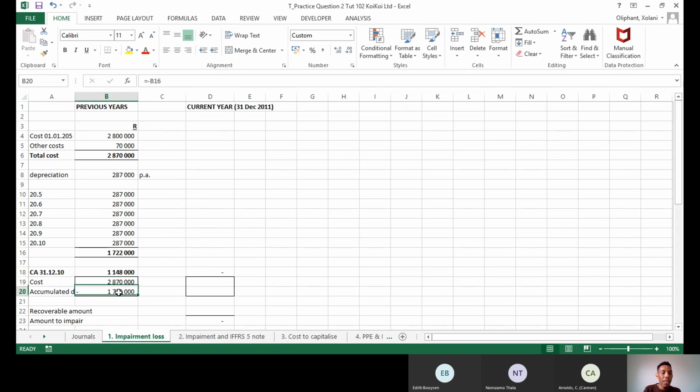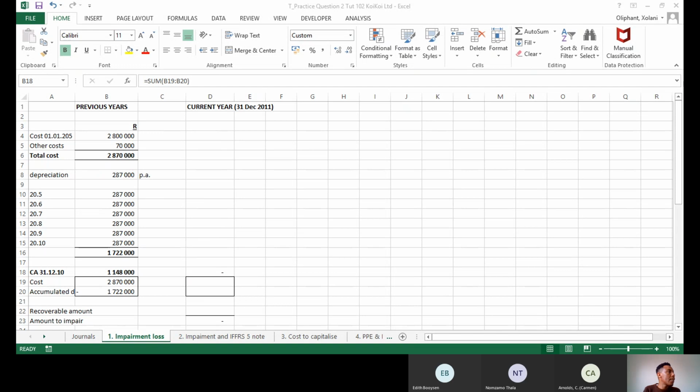Then it means that at the beginning of the year, we have a carrying amount of 1,148,000. I think we're still together. Okay, and then we move on now to read what happened in the current year.